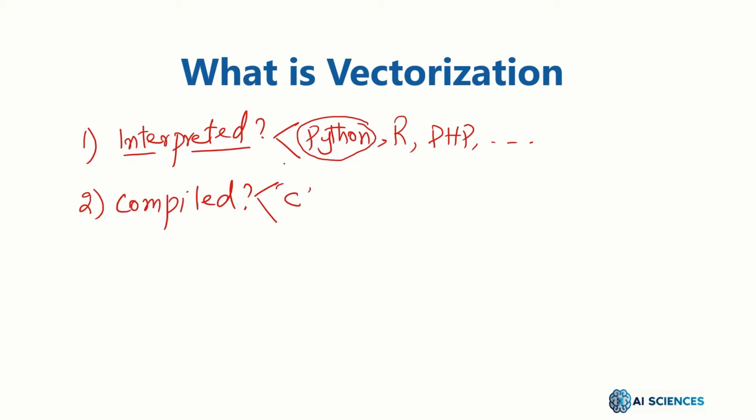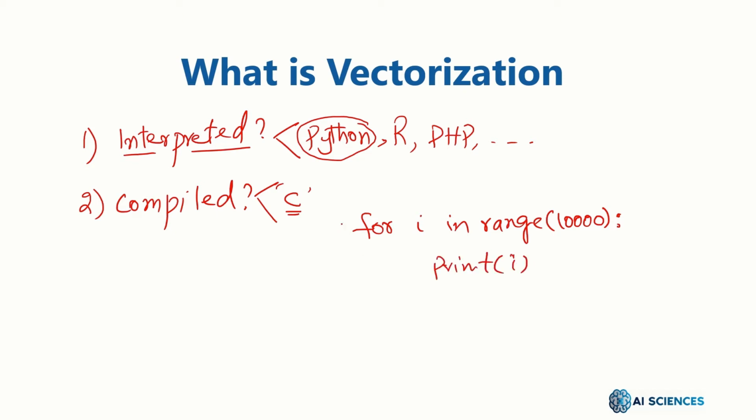There are a couple of reasons why Python should be the focus for data science, which I have already explained in my other tutorials on data science. But unfortunately, Python is an interpreted language, which means if your program has a lot of statements, then Python will become slow as compared to a compiled language like C. So what happens when we write a loop in Python, for example, for i in range 10,000, and here we do something, let's say print i?